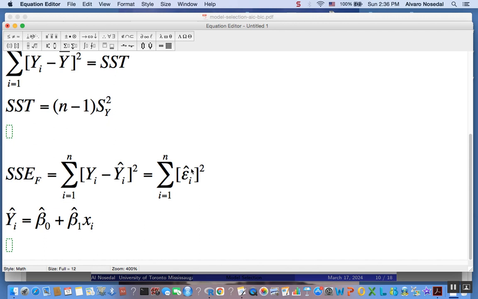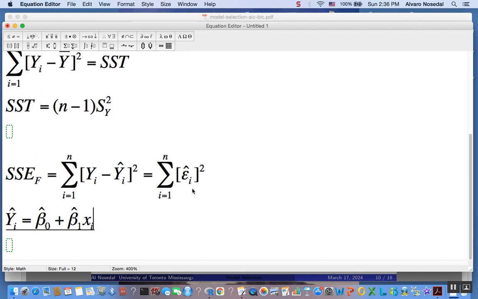It turns out that we can easily find the residuals using R. So we're going to find these two quantities using R, and then we will use that formula from the approximation to the distribution of the likelihood ratio test.